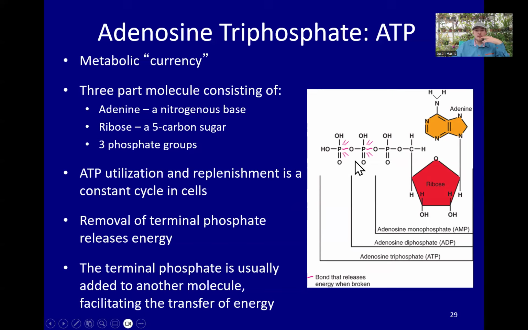This terminal phosphate group has an incredibly high energy bond attached to it that we break, and we transfer this phosphate group onto substrates to transfer that energy and allow us to use that energy to drive the chemical reaction.